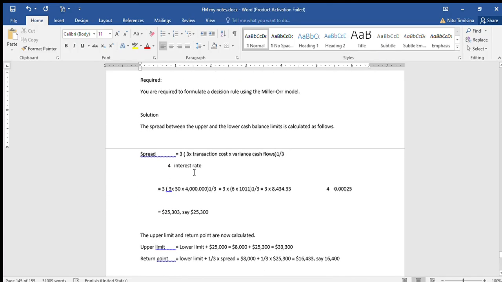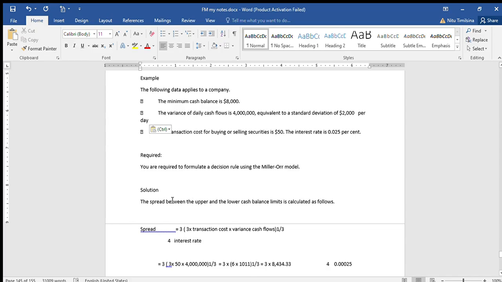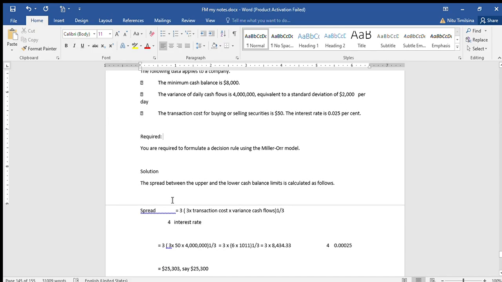The spread between the upper and lower cash balance limits is calculated as follows. Transaction cost is 50, variance of cash flow is 4 million.